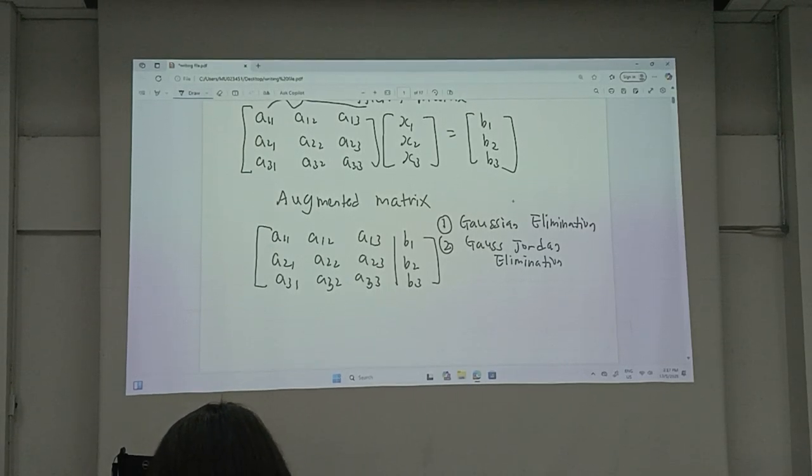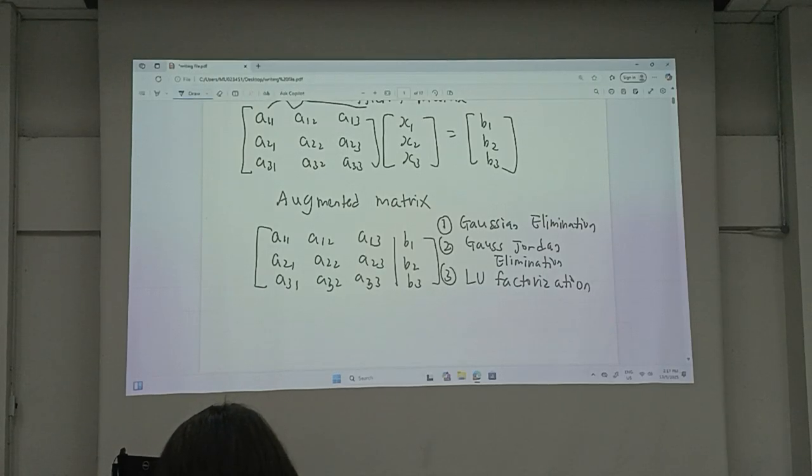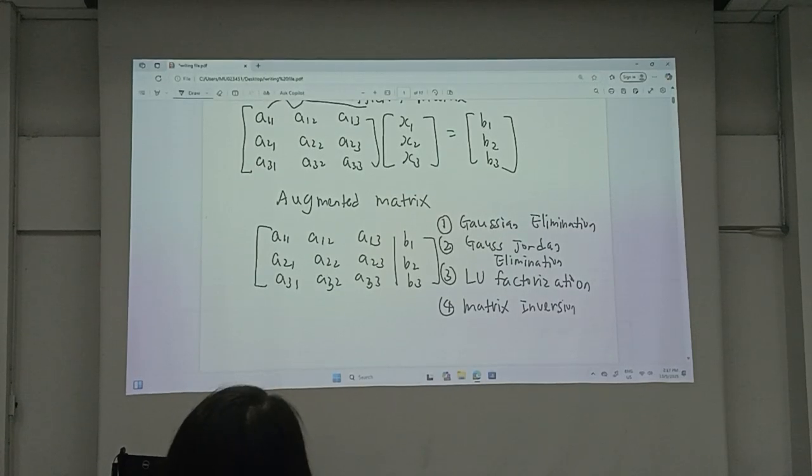Did you learn that before? Yes, right. The third method will be LU factorization. Did you learn LU before? And the fourth one will be matrix inversion. So we will go through them one by one.